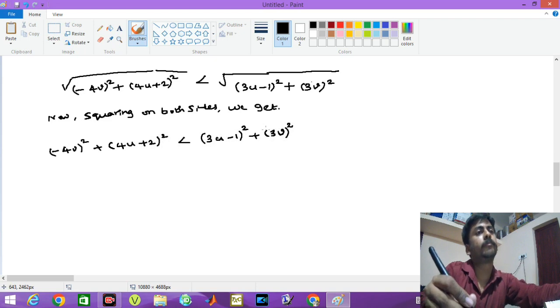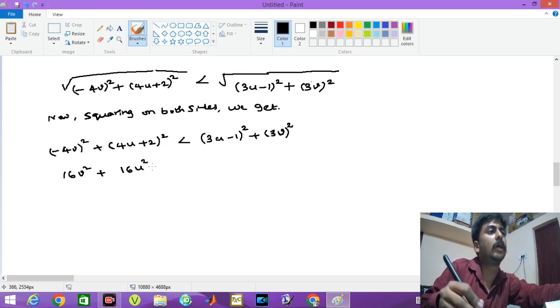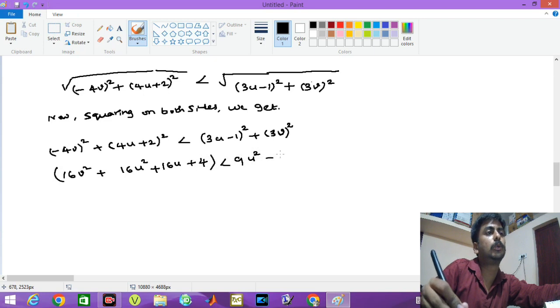Okay, now we shall expand this. It is 16v square plus 16u square, then 2 4s are 8, 8 2s are 16, so we get 16u plus 4, less than 9u square, then minus 2 3s are 6, 6 1s are 6, so minus 6u plus 1, then plus 9v square.